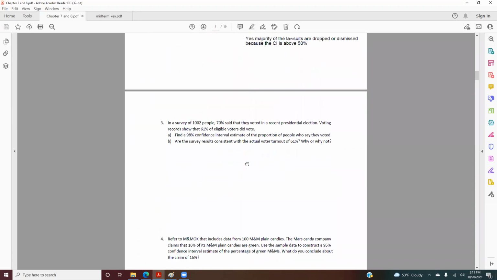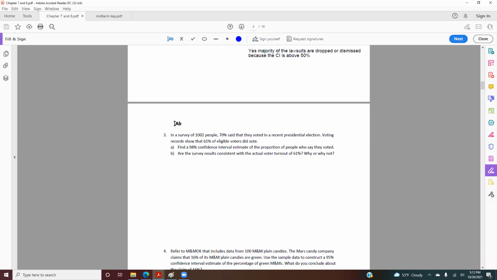So I want you guys to read question 3, and figure out what X is in this case, what N is in this case, and what the confidence level is in this case. Go ahead and try to do question 3.